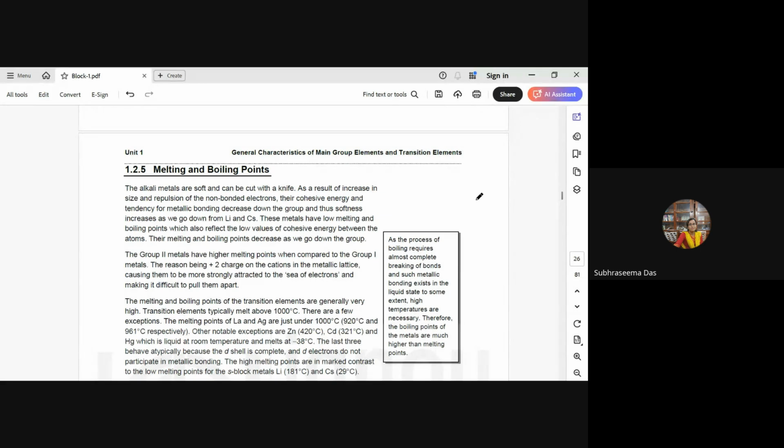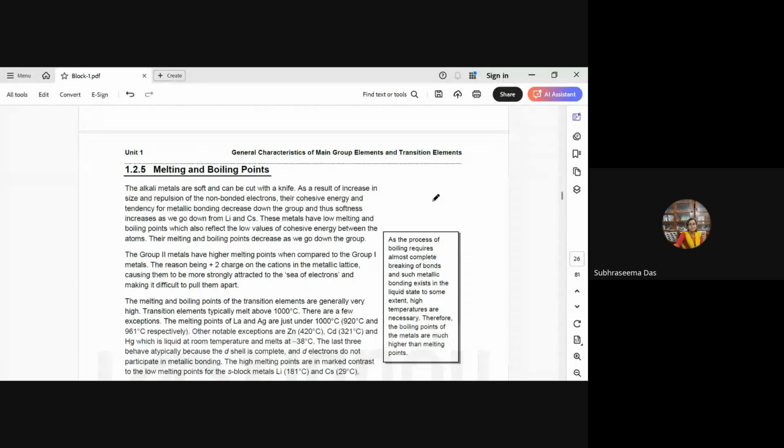The alkali metals are soft and can be cut with a knife. We know sodium metal can be cut with a knife. As a result of the increase in size and repulsion of the non-bonded electrons, the cohesive energy and the tendency for metallic bonding decreases. So as we go down the group from lithium to cesium, the softness increases.